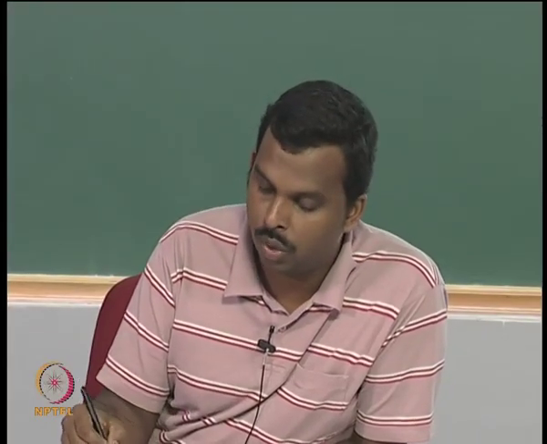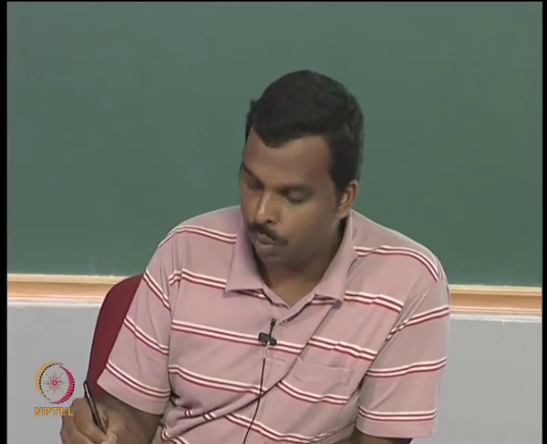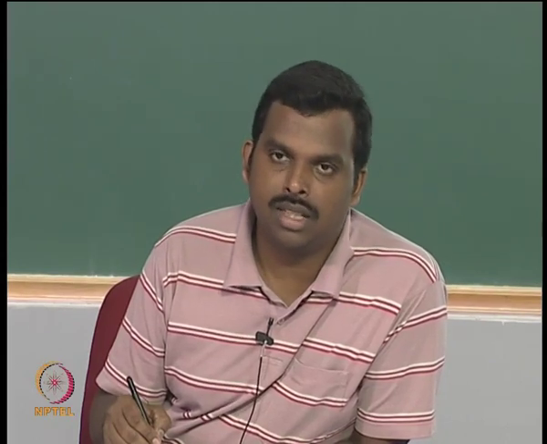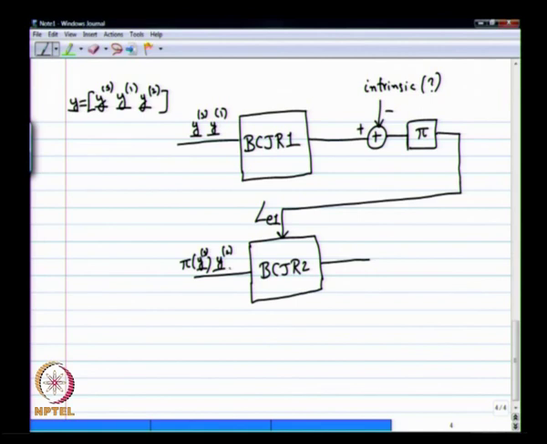I'll tell you how to compute the intrinsic component soon enough, but right now we don't know how to subtract this. Then you get the extrinsic component, you permute it, and feed the extrinsic information to BCJR2. BCJR2 now uses pi of YS, Y2 and the extrinsic information to compute new LLRs for all the systematic bits.